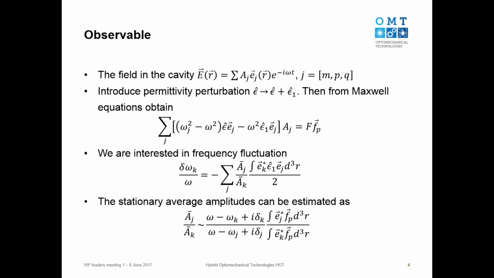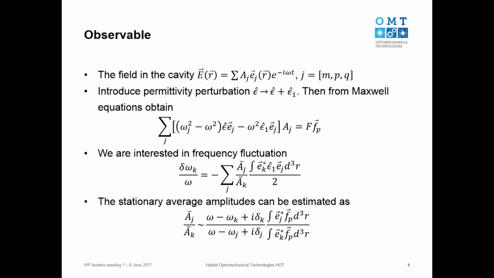Then we have to understand what is the source of our fluctuations. The simplest way is to introduce a perturbation of the permittivity. Then the Maxwell equation can be rewritten in the following form after this substitution.